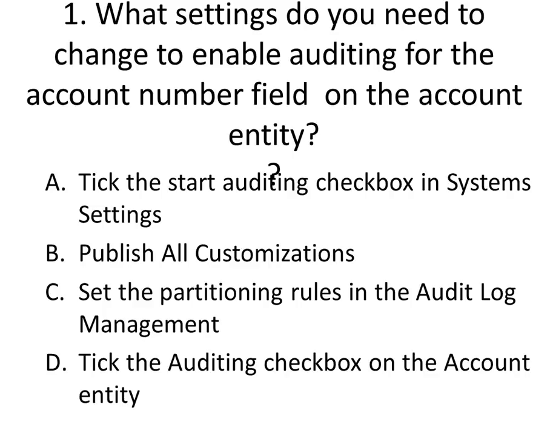So what settings do you need to change to enable auditing for the account number field on the account entity? You have to tick, so which of these are true? Tick the start auditing checkbox in system settings, publish all customizations, set the partitioning rules in the audit log management, tick the auditing checkbox on the account entity.